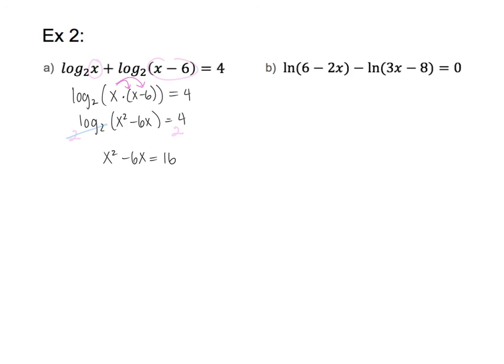So I've kind of brought everything down now, but one of the things I want to mention here is that what I notice about this problem is that you have an x squared. Anytime you have an x squared, you are dealing with a quadratic and you have to solve in a particular way. So that's why we had to relearn how to factor. So if you have a quadratic, I recommend you put it in standard form first.